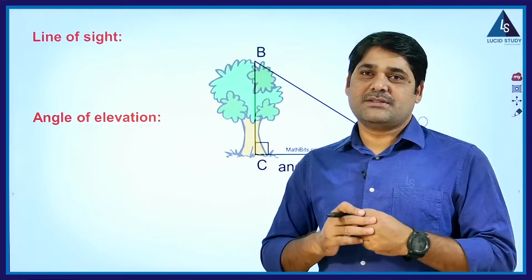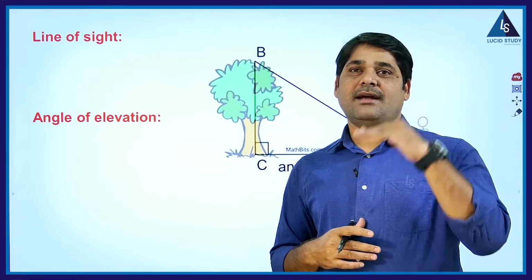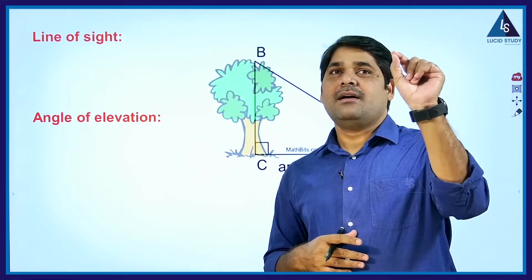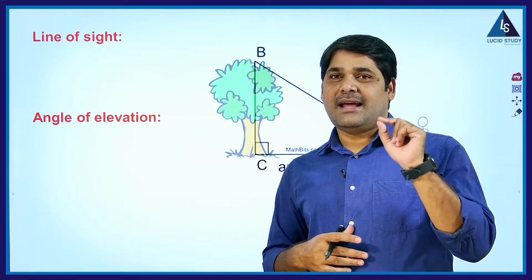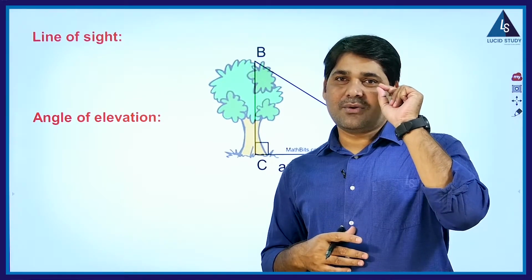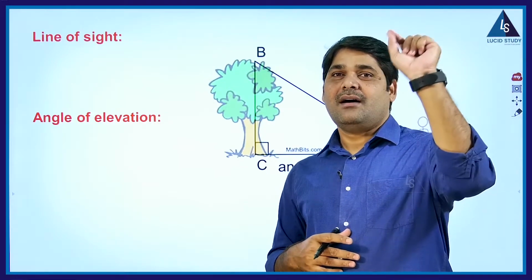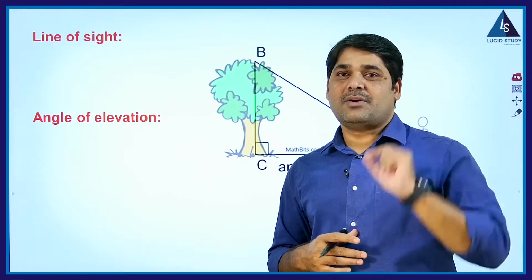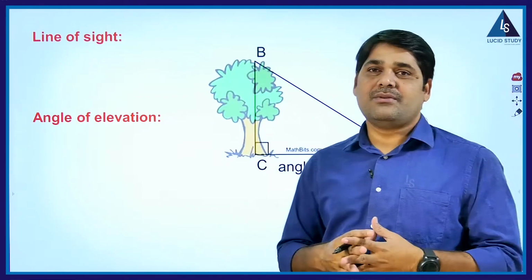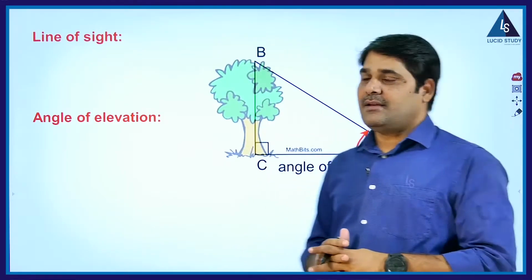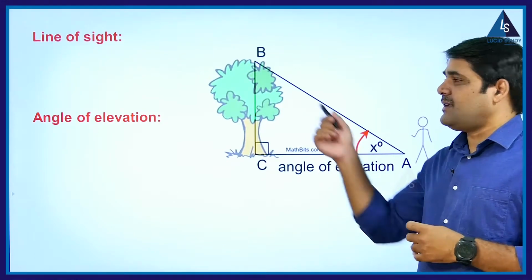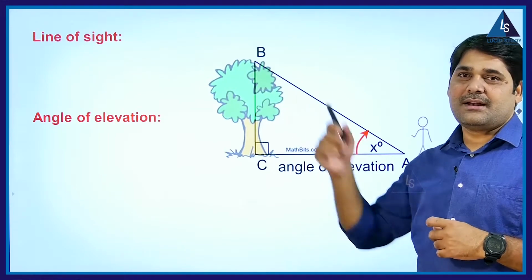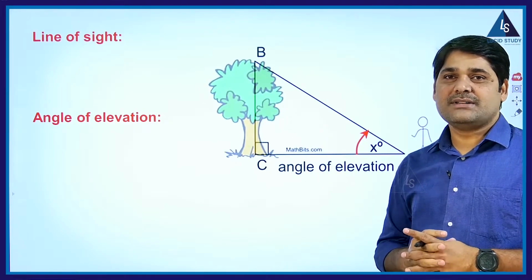So you will raise your eyesight and directly see the tip of the tower. The light ray connecting your eye and the thing you are observing is said to be your line of sight. See here, suppose this person is observing the top of the tree. From his eye to the top of the tree is the line of sight.